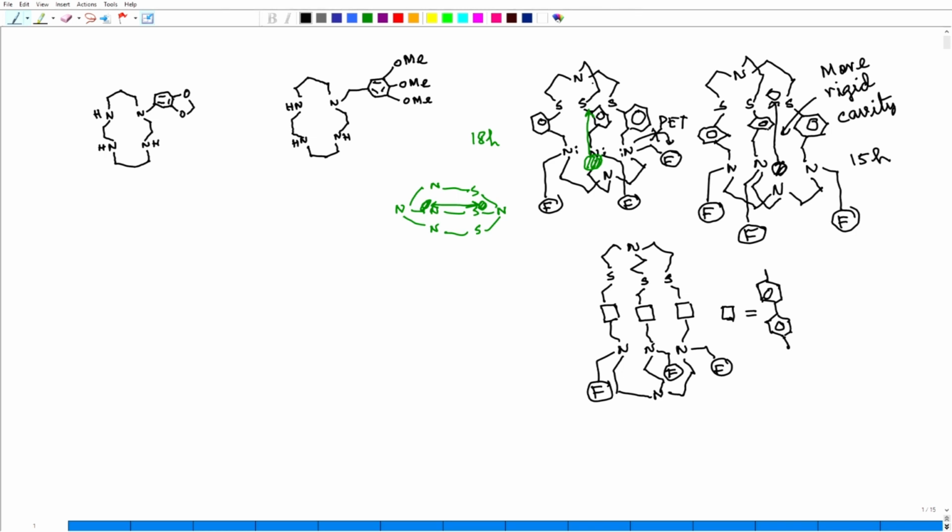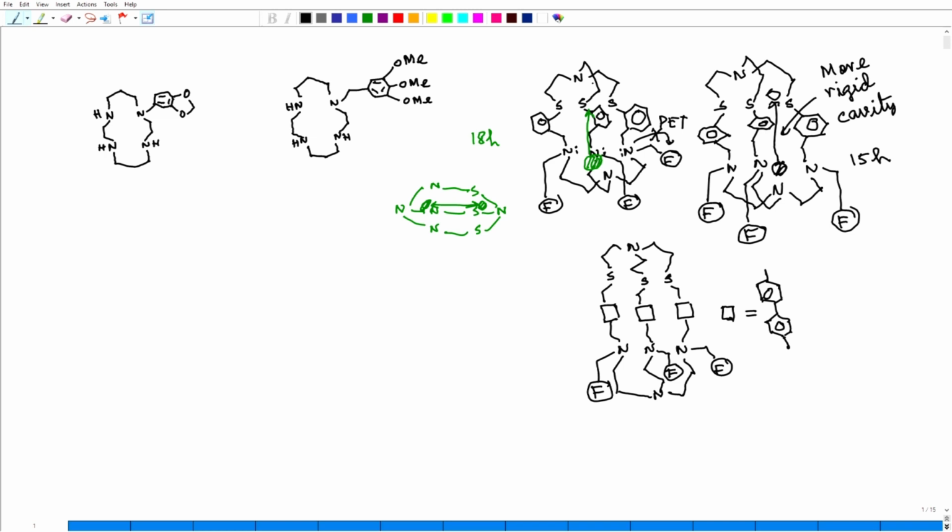What is the difference between this and this, or this or this? This is a very important difference. In this case, this is the hydrophilic part or metal binding site. Copper 2 binds here, copper 1 binds here, but in the intervening space, in between, we have two phenyl. In the earlier case, we had only one phenyl, but here we have two phenyl.